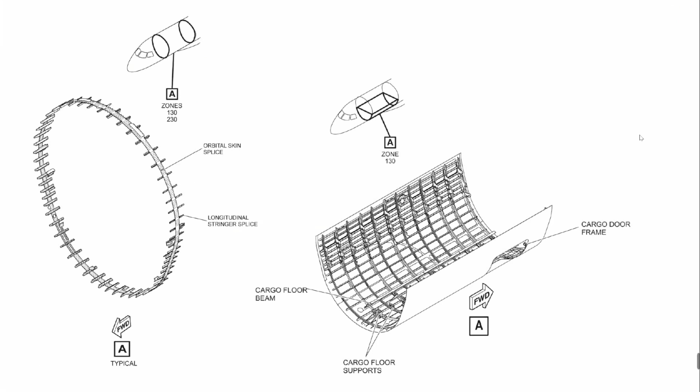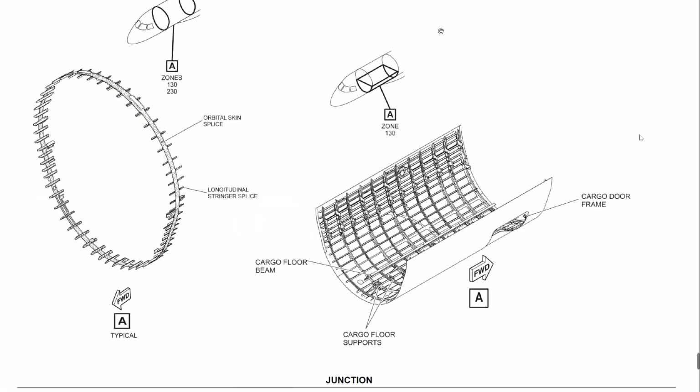So here on one side we put one plug, okay, and on the other side of the splice another plug continues. Okay, these splices are used: longitudinal stringer splice, and here we have the orbital skin splice. This is the component which makes these different plugs come together.